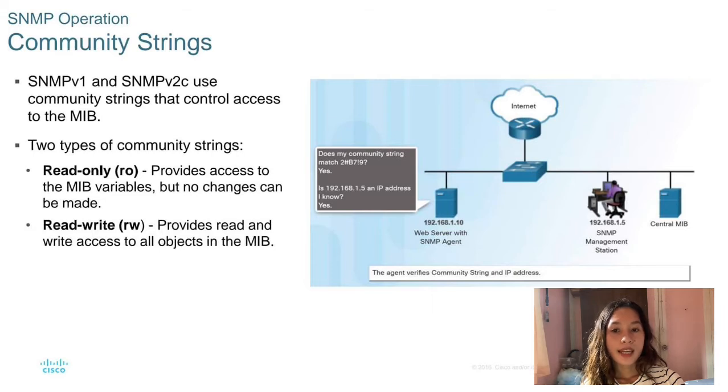SNMP v1 and SNMP v2 use community strings that control access to the MIB. There are two types of community strings. The first one is read-only, or RO, which provides access to the MIB variables but no changes can be made. The next one is read-write, or RW, which provides read and write access to all objects in the MIB.